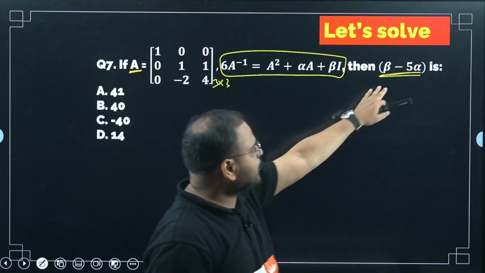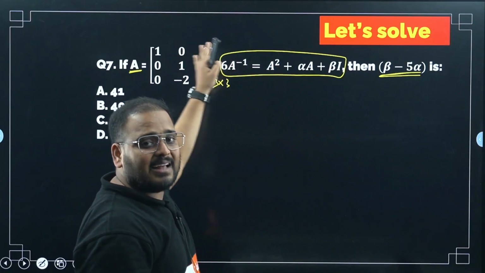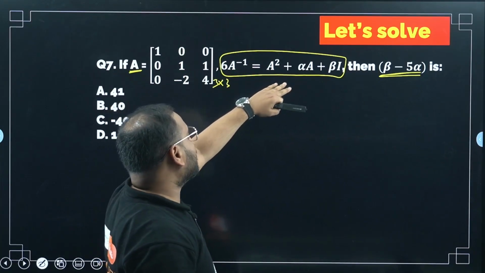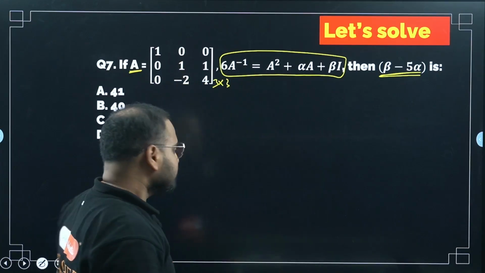So to find this value, I need the alpha and beta values. I have to make use of this equation and the matrix to solve for alpha and beta.